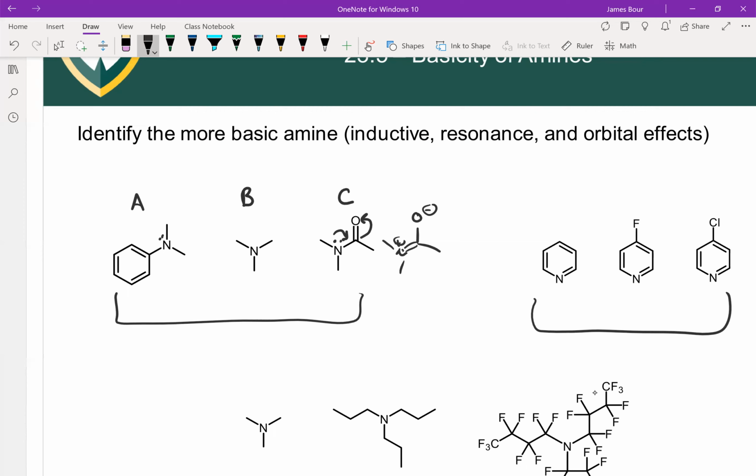And remember here that these lone pairs can also resonate into the phenyl group. And so here the strongest base is the amine that has no resonance and no induction. And I'm going to say that as EWG. EWG means electron withdrawing group, highlighted in blue. So the most basic amine in this case is amine B.